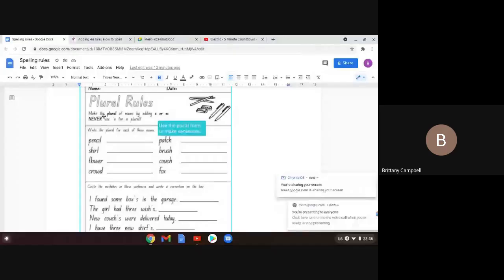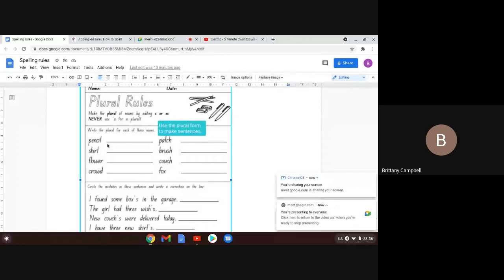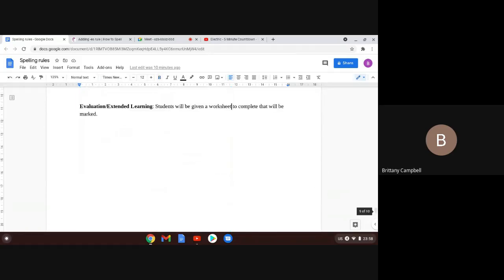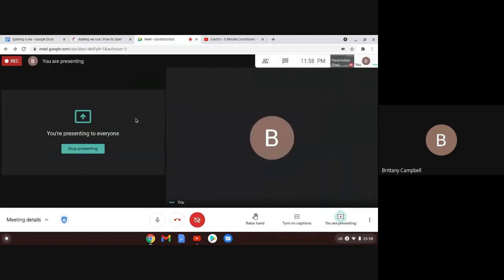You're going to write the plural of the following nouns, and here they are. And then you're going to use the plural form to make sentences. Once you do that, then for sure, it will be marked and also graded.